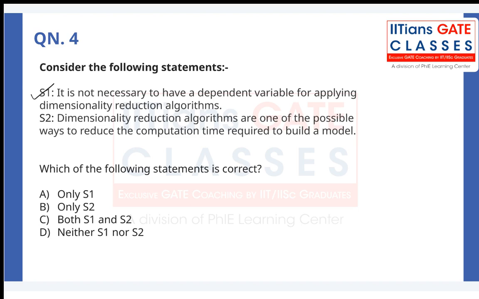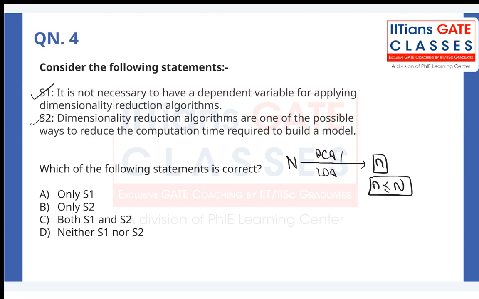Statement S2 says dimensionality reduction algorithms are one of the possible ways to reduce the computation time required to build a model. Yes, that is one of the primary reasons why you use dimensionality reduction. If you have, let's say, an N feature set, you use some algorithm like PCA or LDA to find a subset of small n features, where n is less than or equal to capital N. So you reduce the dimensionality of the data using PCA or LDA, by which you will have a reduced number of features, and that can reduce the computation time required to build the model as well as train the model.